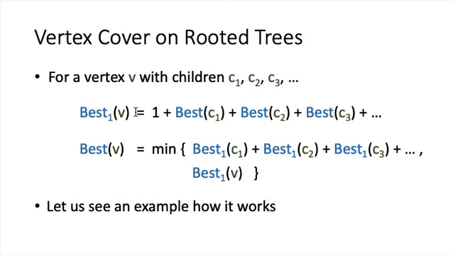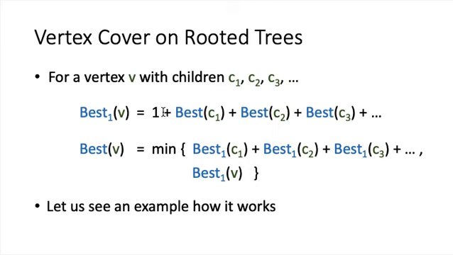Best 1 of V can be computed easily by using the previously computed values. It is because we are now placing one guard at V, so it is a 1. By placing a guard at the vertex V, all the V to children edges are covered. V to C1 is covered, V to C2 is covered, and so forth.